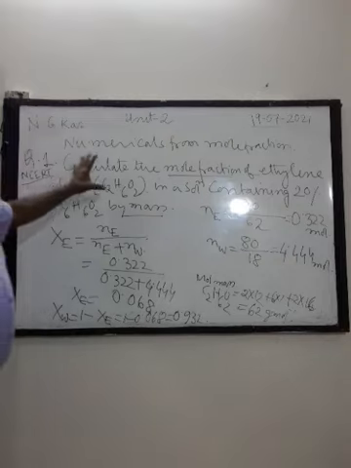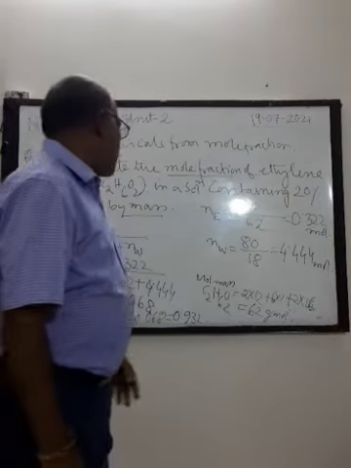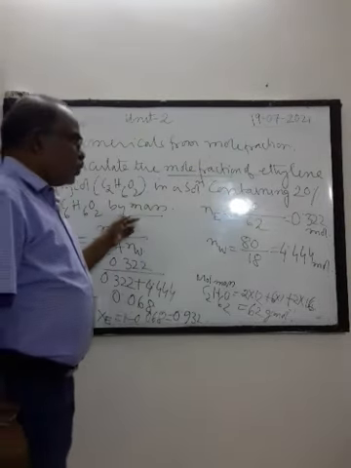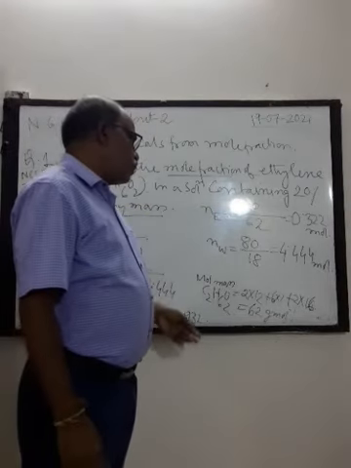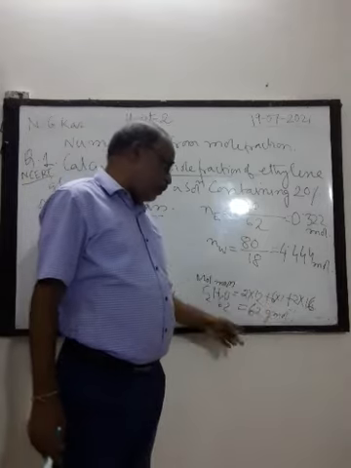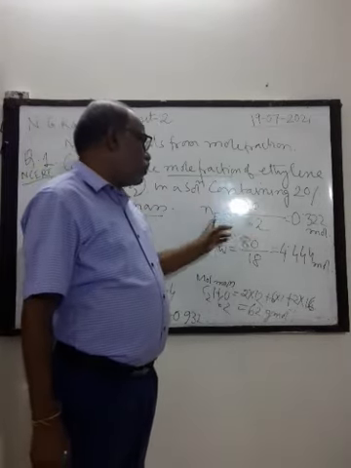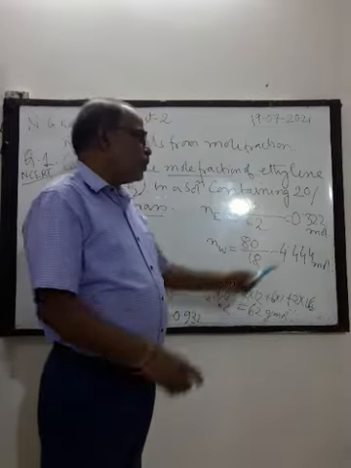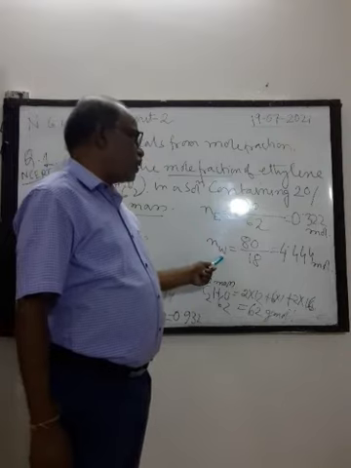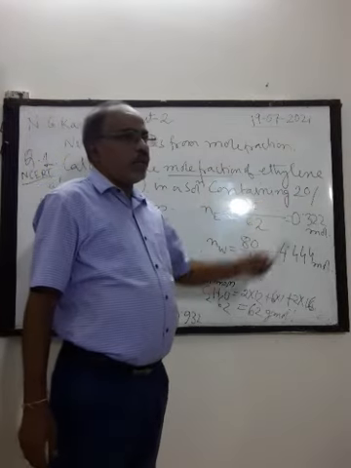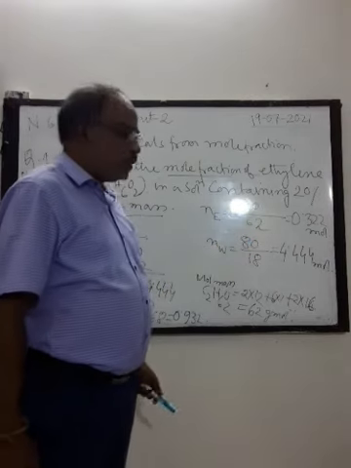So in this numerical, we have 20% of ethylene glycol by mass. So the mass of ethylene glycol is 20 and the molar mass from its formula is 62. So the number of moles of ethylene glycol equals 0.322. Similarly, for water, 20% is ethylene glycol, so the remaining 80% is water. The molar mass of water is 18.